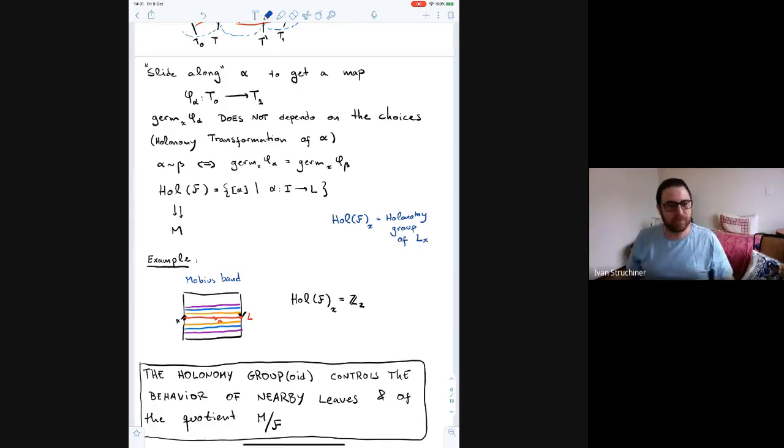That's what it's called. Okay, so here's an example of a foliation. This is the Mobius band, and it's foliated by S^1s. So here you have one S^1. Here you have another S^1, which closes when you reach here, and so on.